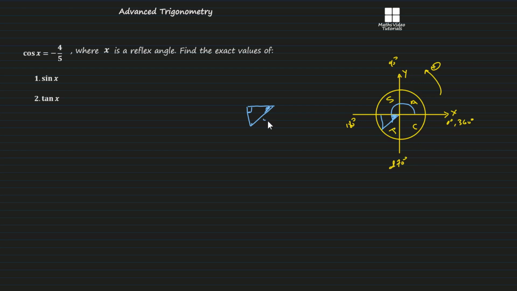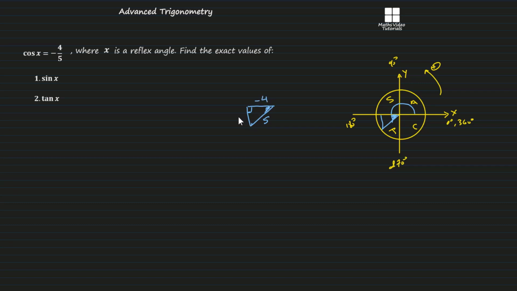So let's label it here. And because it is a radius, it doesn't have a sign, positive or negative. So it's going to be just 5 without any plus or minus. And therefore, you can see clearly, for the adjacent, this one has to be negative 4. So let's label it here, negative 4.